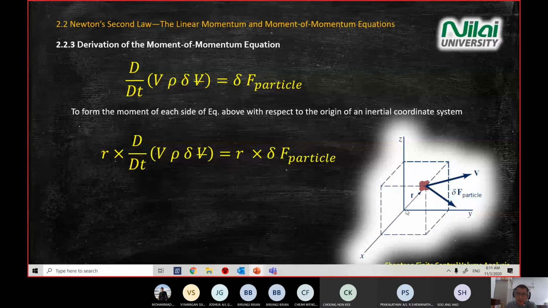So to form the moment of momentum equation, we link the force and the distance, in this case r, to form a moment or torque. So you take the Newton's second law equation and multiply both sides by r, and you get the moment of momentum equation.